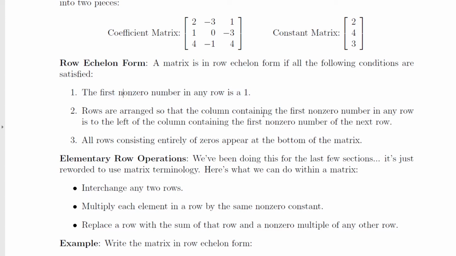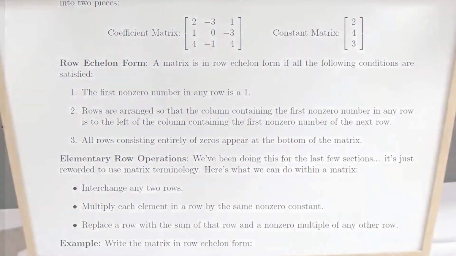They're arranged so that the column containing the first non-zero number in any row is to the left of the column containing the first non-zero number of the next row. So what you'll basically see is a triangular form. Okay, let me switch to my whiteboard here, and I'll show you exactly what I mean by that. So here is an example of a matrix that is in row echelon form.